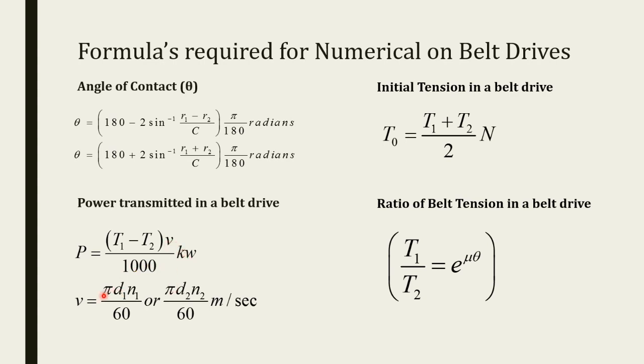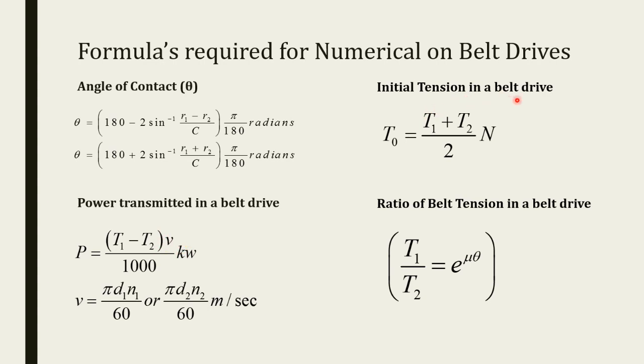And V is given by pi D1 N1 by 60 or pi D2 N2 by 60 meter per second. So you can calculate the velocity by using the formula, and velocity should be in meter per second if you have to calculate the power in kilowatt. If it is in meter per minute, you have to convert into meter per second and then substitute the value in the power formula.